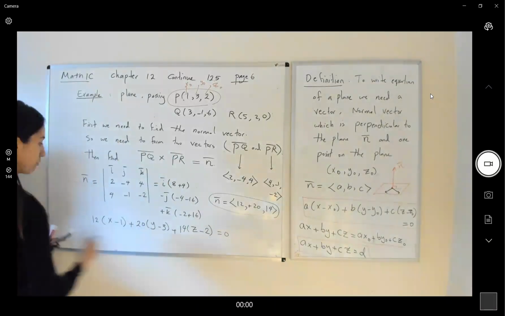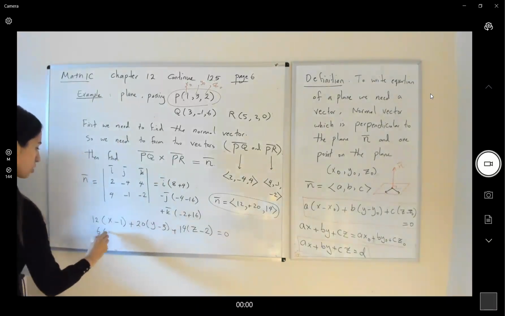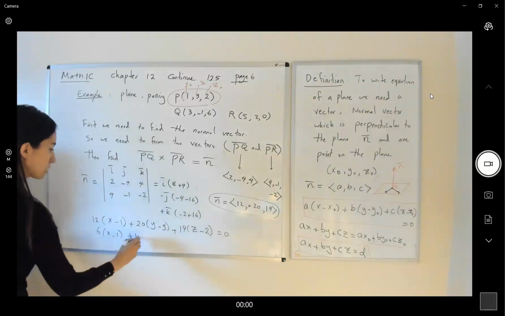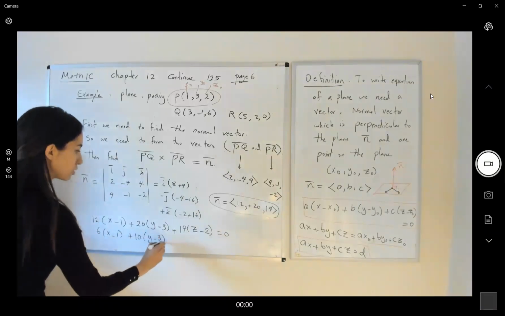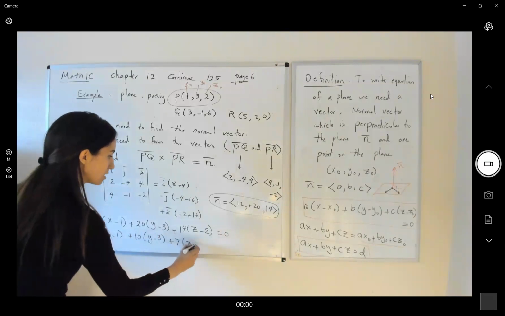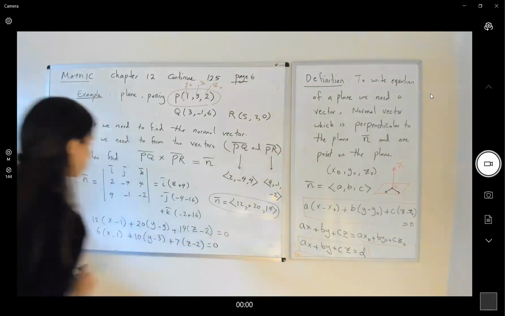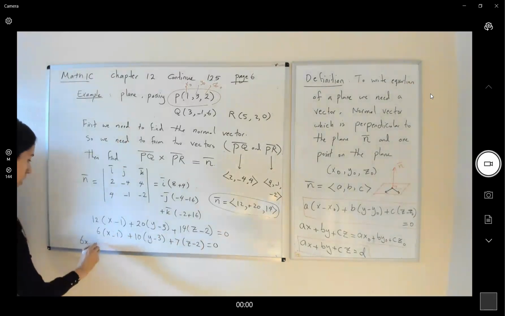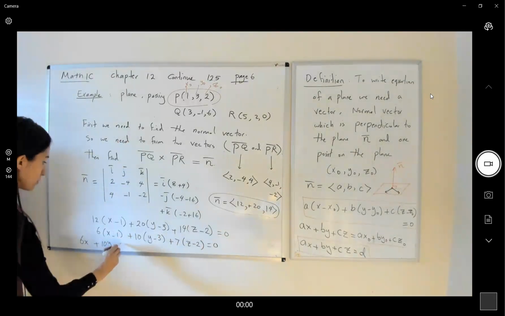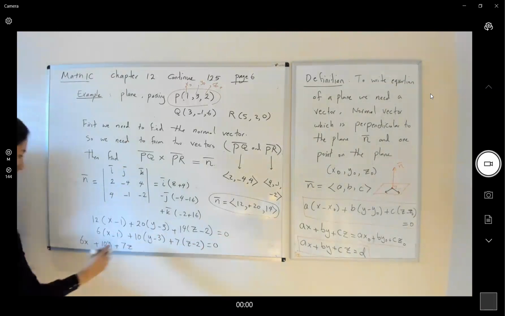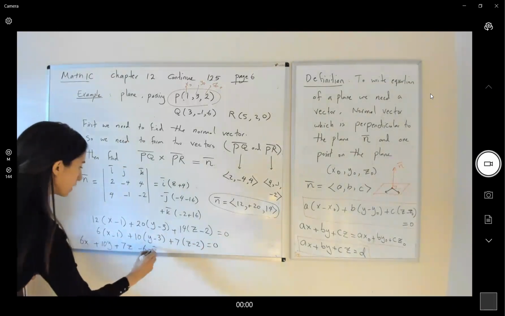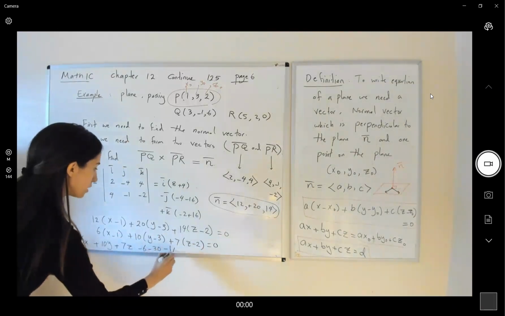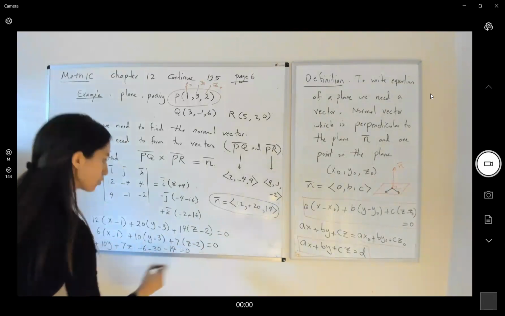This can be simplified into 6 times (x minus 1) plus 10 times (y minus 3) plus 7 times (z minus 2). So we get 6x plus 10y plus 7z minus 6 minus 30 minus 14 equal to 0.